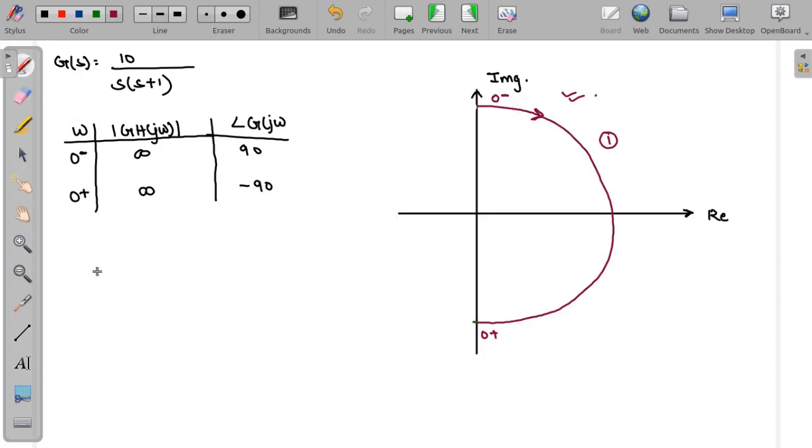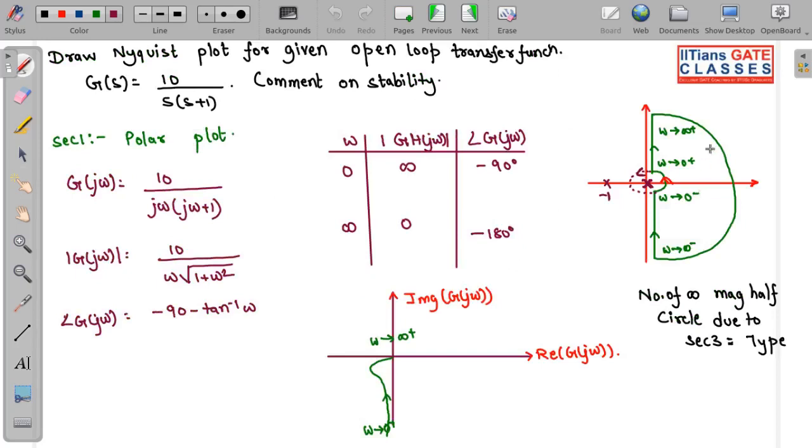And the last we have is the section 4 region, where omega varies from infinite plus to infinite minus. In this region you will see the contribution of section 4.